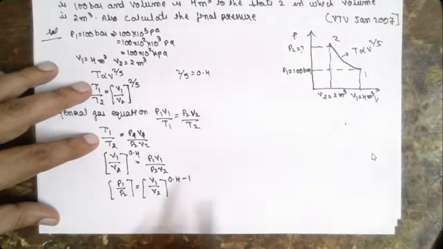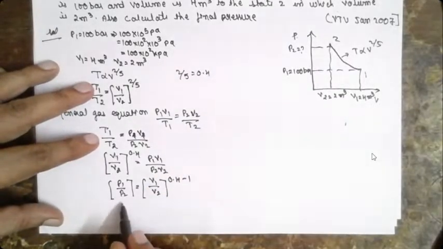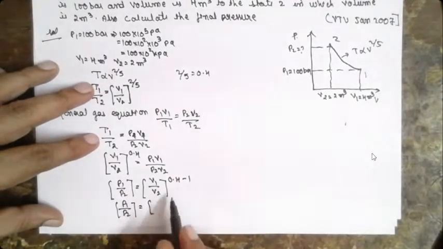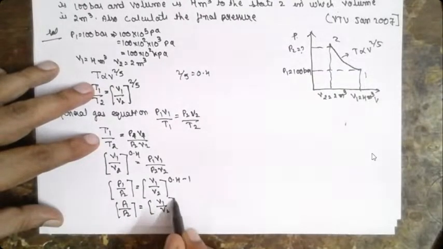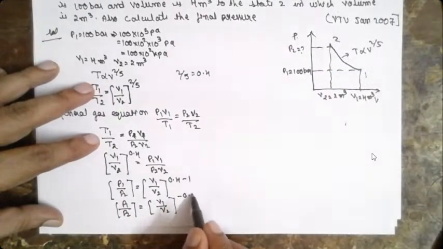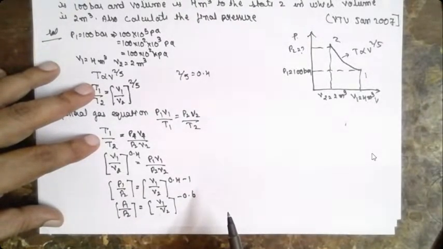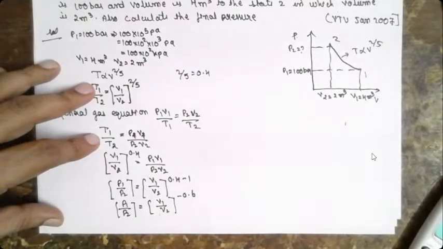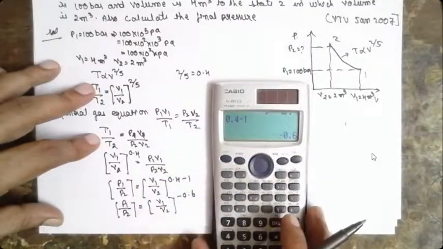Okay. Further, it can be written as P1 by P2 is equal to V1 divided by V2 raised to minus 0.6, since 0.4 minus 1 is minus 0.6.